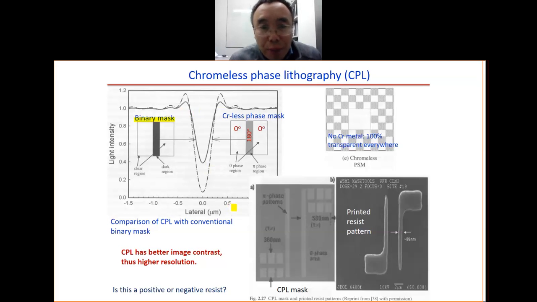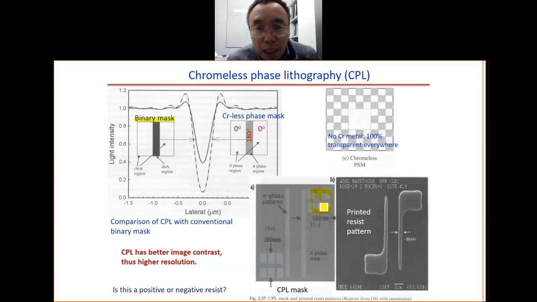So how do we make arbitrary patterns? If the pattern size is big, for example, this may be a big pattern, for the big area you just put many small 180 degree, 0 degree regions together. Each of the squares, each of the rectangles, is small enough that it cannot be resolved by the lithography system.